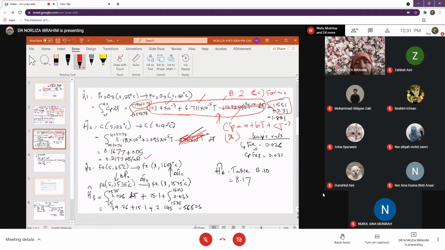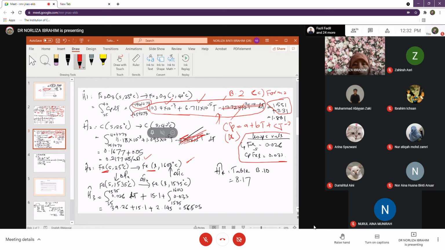For H3, the reference state is ferrum solid, but the product is ferrum liquid. So you have to do a hypothetical process path. You increase the temperature to 1535, refer to table B1, and then you convert the phase to liquid, and then you increase to 1600. If you refer to table B1, no CP is given there, so you have to use Kopp's rule here.